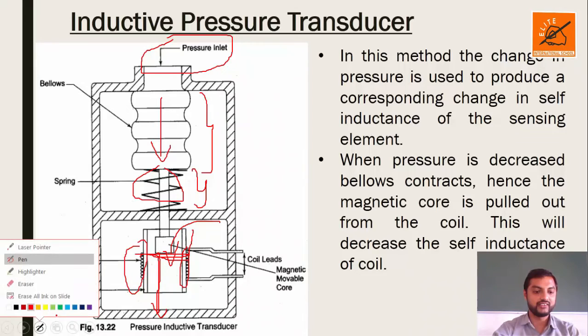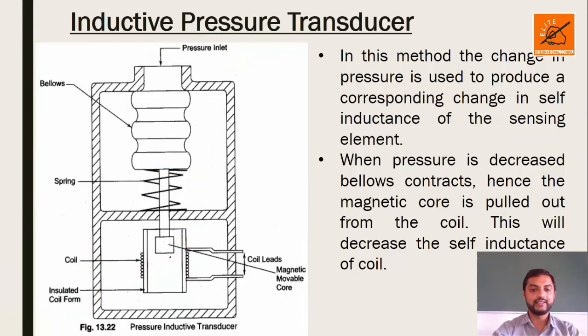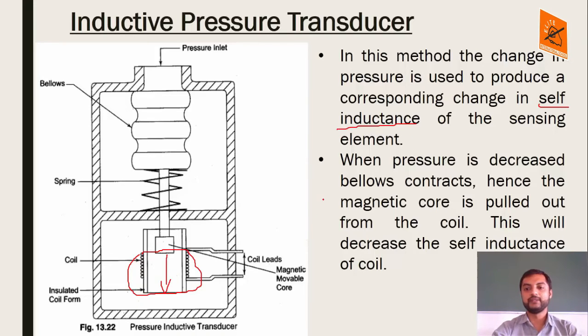Let me erase this one so you can clearly understand. When this part moves like this, it comes under the effect of this coil's inductance, and because of that you can measure the self-inductance of the sensing element.